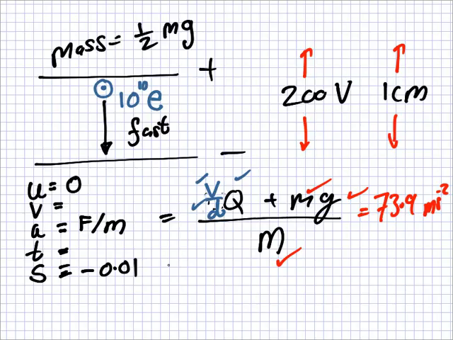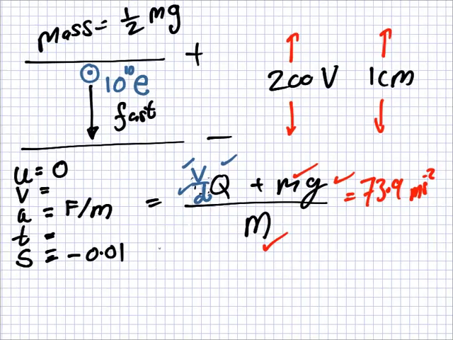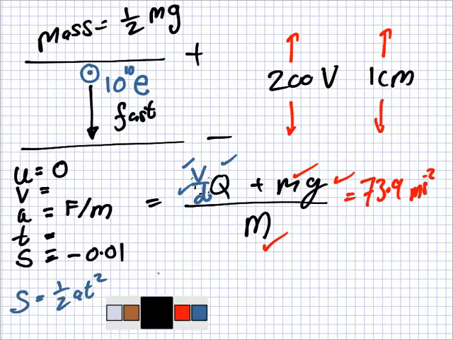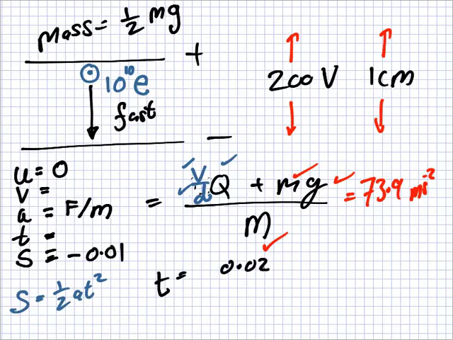Using UVATS, what one would be best? s equals ut, which is 0, and then a half at squared. So the t will be 0.02 square root over a, which is technically a minus since it's going down.